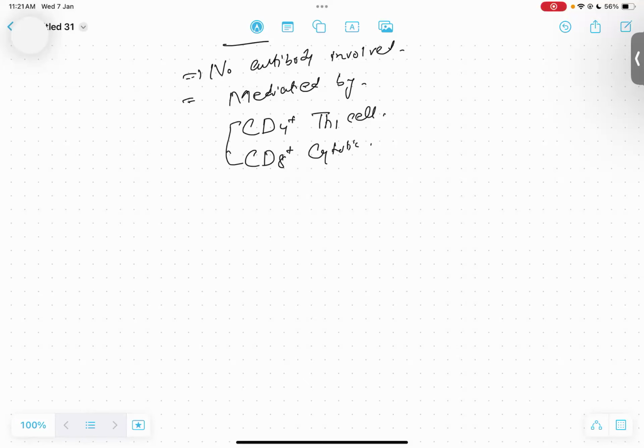These cells will produce a cytokine called interferon gamma, and this interferon gamma will activate macrophages, and these macrophages will then lead to tissue damage.